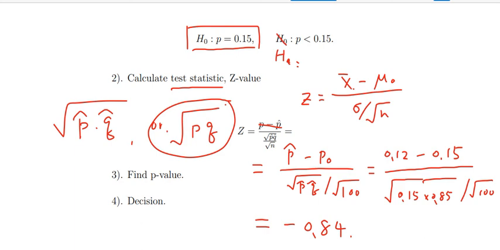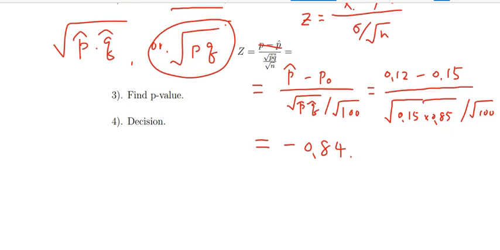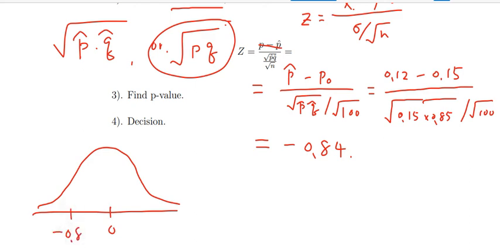Then we can check the p-value. Since this is the z value, we can find the exact p-value. So the p-value for negative 0.84.